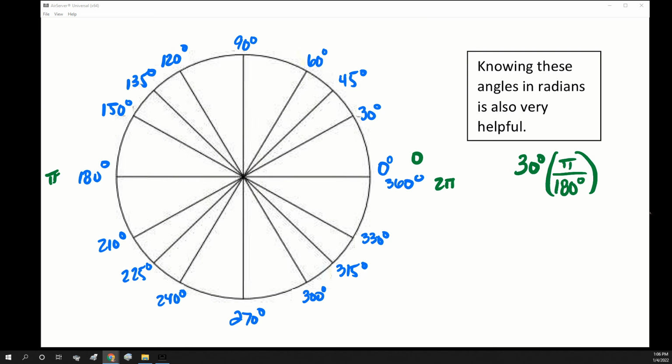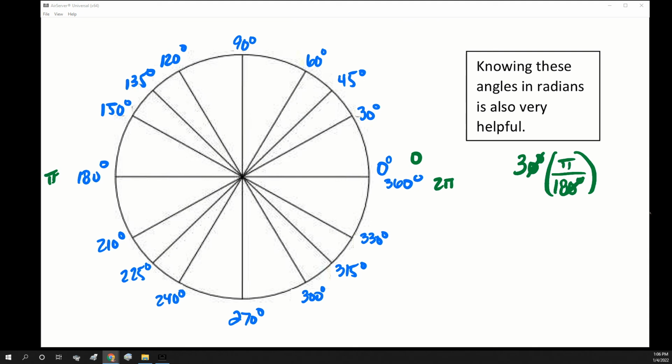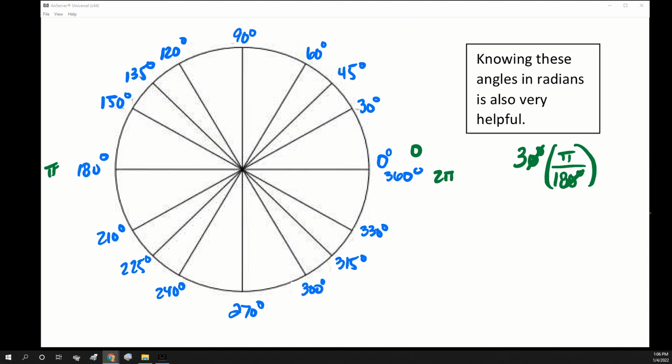So if I want to cancel degrees, I need to put degrees on the bottom of the other fraction. So it cancels. Now it also cancels the 0. So a degree and a 0 cancel. Then you just need to reduce the fraction 3 over 18. So that's 1 over 6. So that's 1 pi, or just pi over 6. That's 30 degrees in radians.